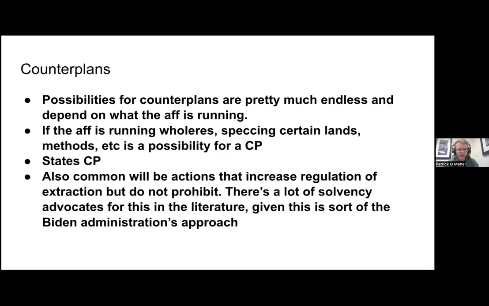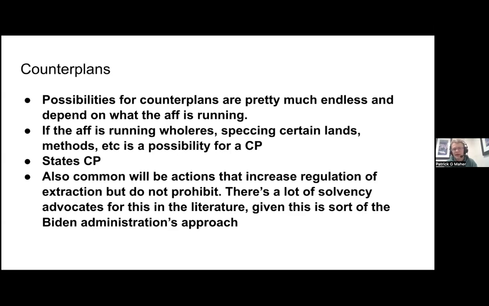And then finally is going to be the counterplan ground. The counterplans are pretty much going to be endless. You can basically choose anything that the AF is not doing and do that. If the AF is running a whole res AF, then picks are going to be huge.